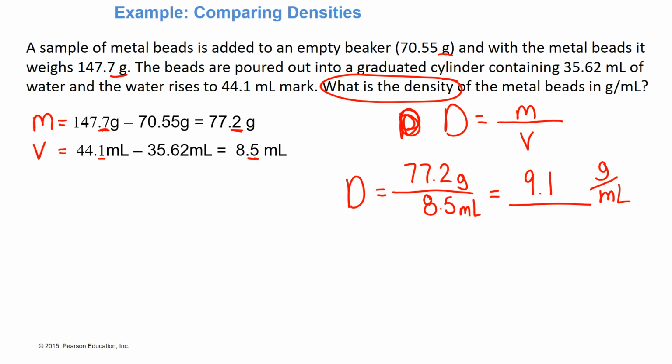If you enter in 9.08, while technically that's right, the test is going to mark you wrong. You have to recognize that because of this calculation, that makes it 2 sig figs, and then your final answer can only be 2 sig figs because you multiply and divide.